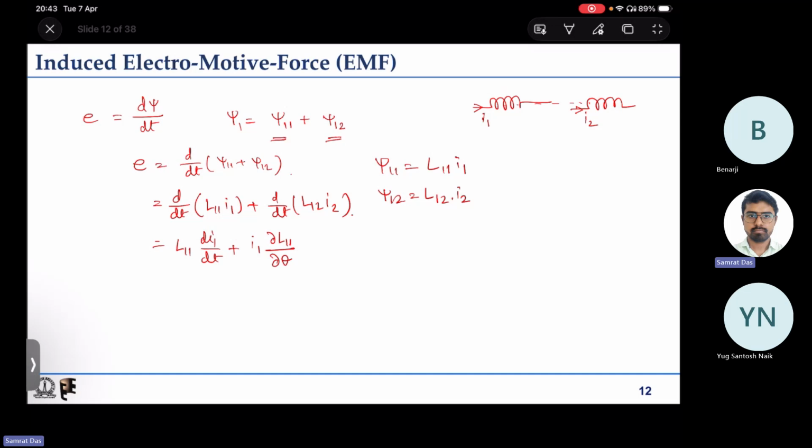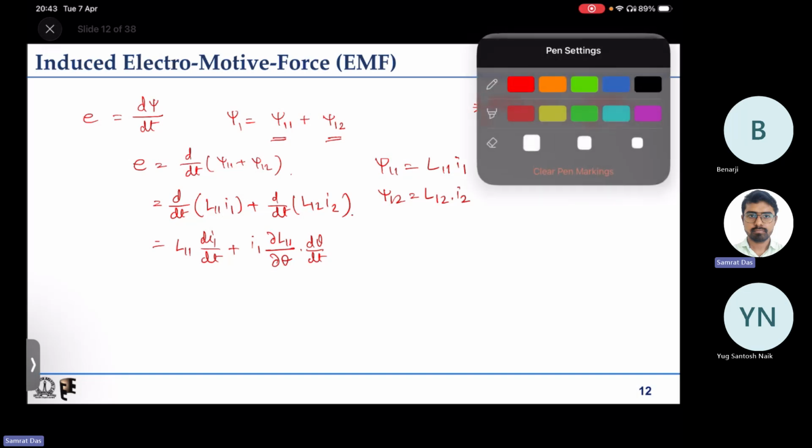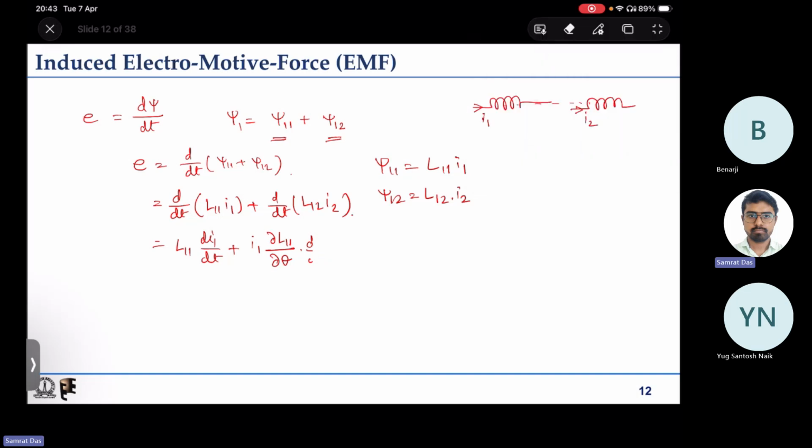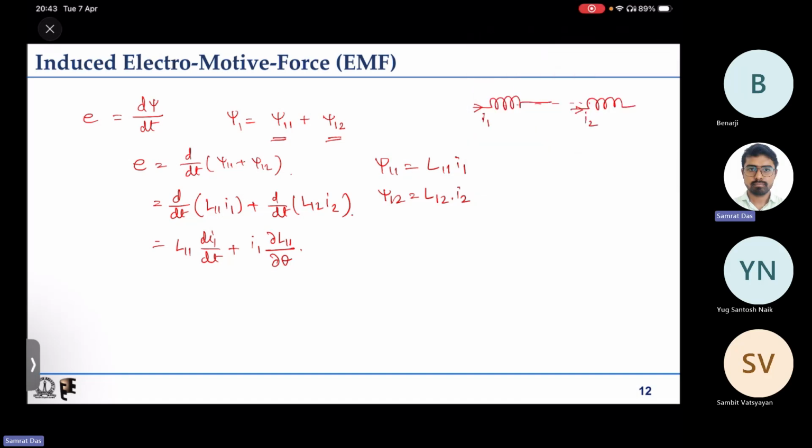Say it is a circular body rotating at some angular velocity, so its position is indicated by theta. So the rate of change of inductance with position, multiplied by d theta/dt, which is nothing but the angular velocity omega.